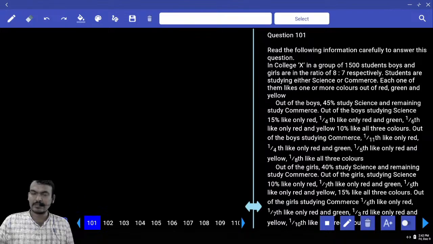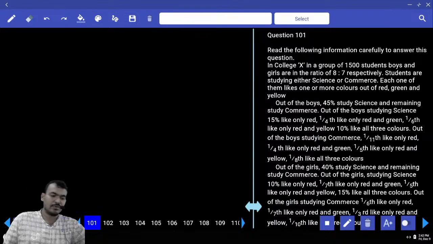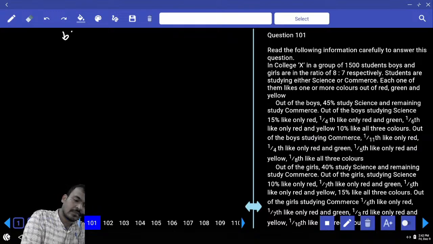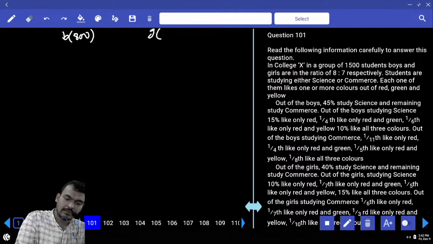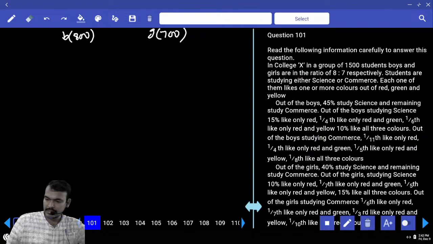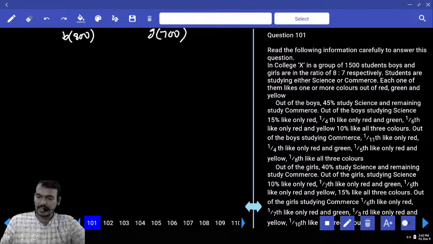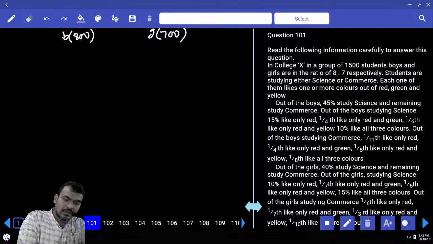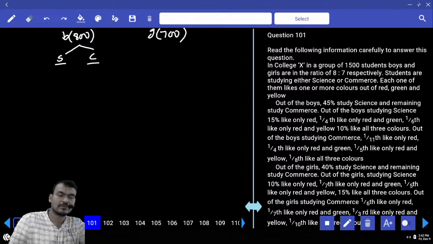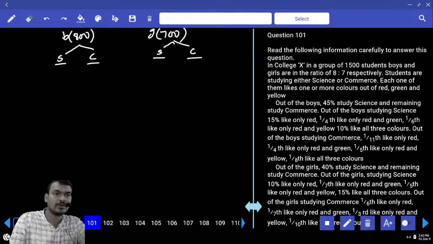Boys and girls are in the ratio of which one? 8:7. Means boys are how many members? 800. Next, girls are how many members? 700. Next, each one likes either science or commerce. Means out of 800, science and commerce. Out of 700 also, science and commerce.